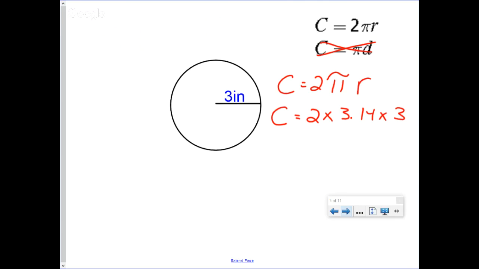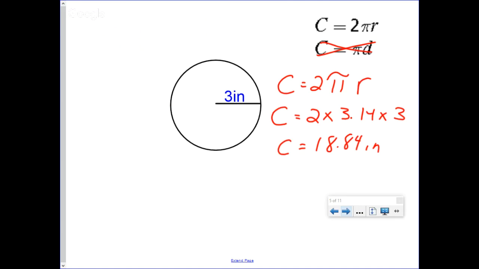So once we have that, all we need to do is multiply these three numbers. 2 times 3.14 times 3, and you get 18 and 84 hundredths inches around the circle. And if you doubled that, the diameter would be 6, right? And shouldn't it be a little more than 18? And the answer is a little more than 18.